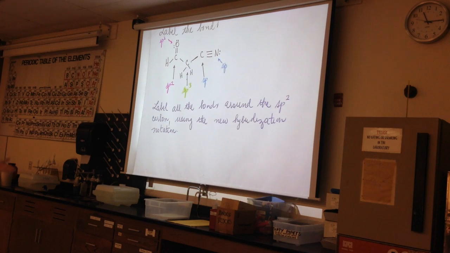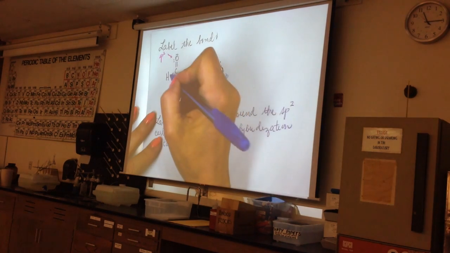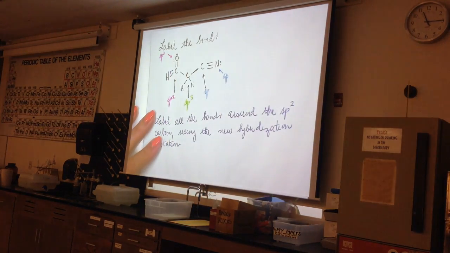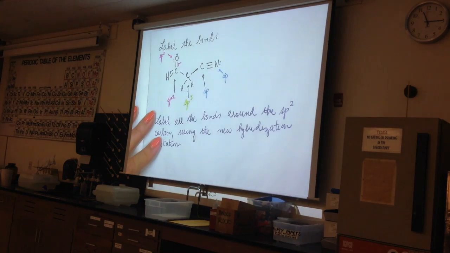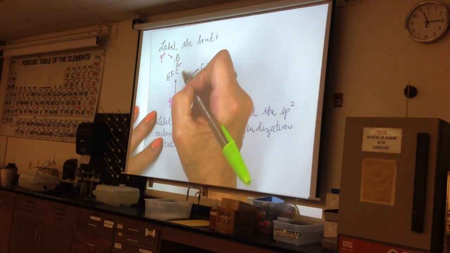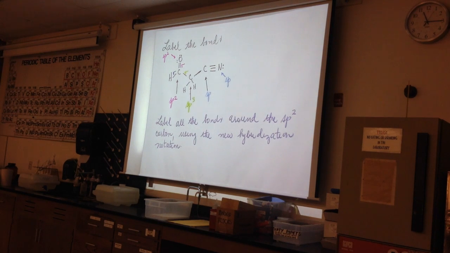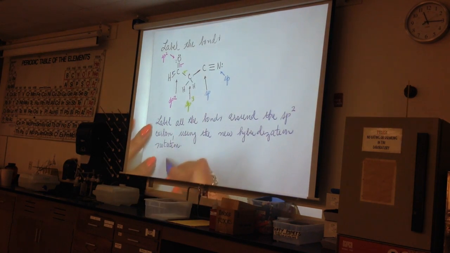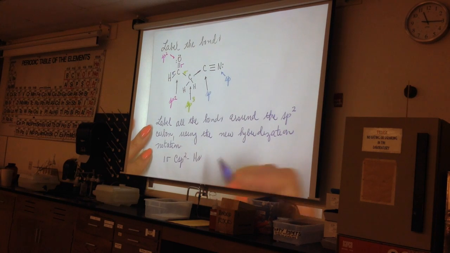All right, so this is what I did. I'm going to say that this sigma bond here is different than this sigma bond here, and it's different than this sigma bond here. Can we say that? Yeah. So my first sigma bond is going to be between a carbon sp2 and hydrogen s.